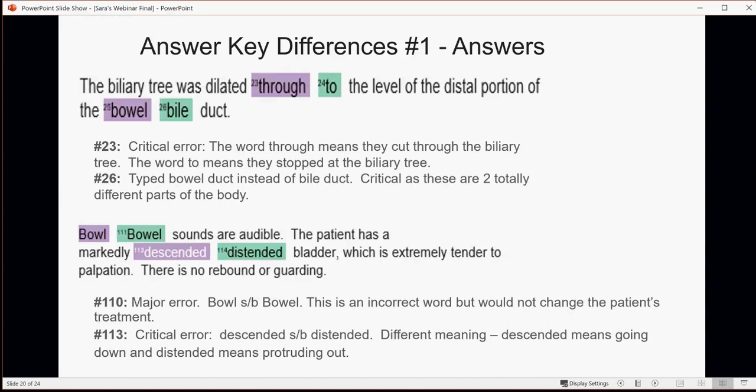It is a major word error. It wouldn't change the diagnosis or medications. The patient has a markedly descended bladder as opposed to distended bladder. That's a critical error. Descended and distended mean two different things.